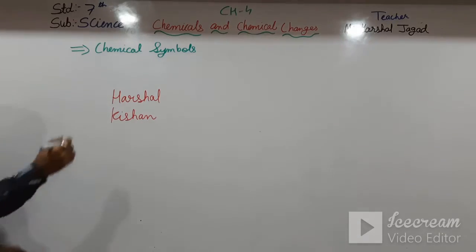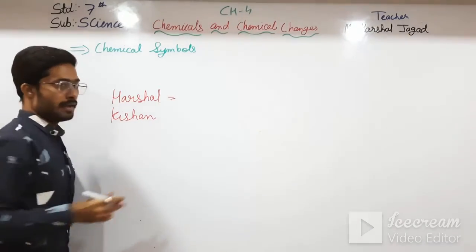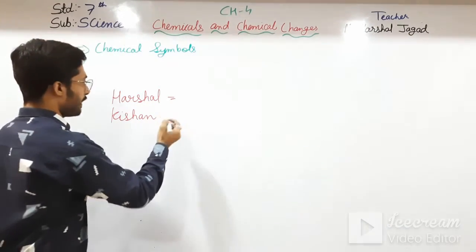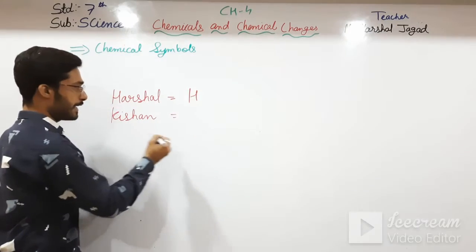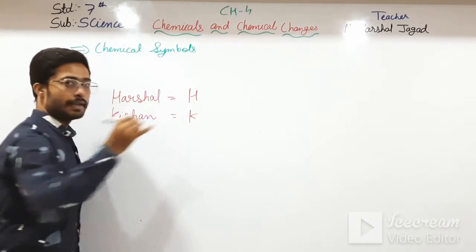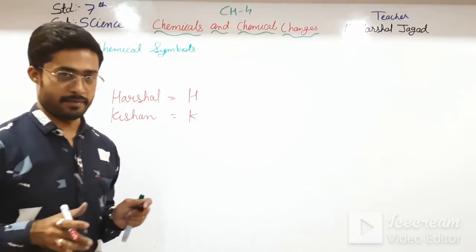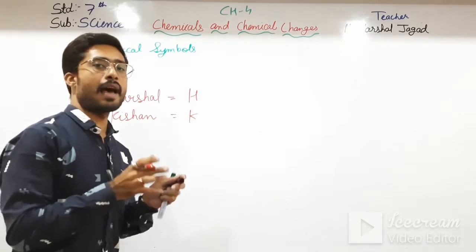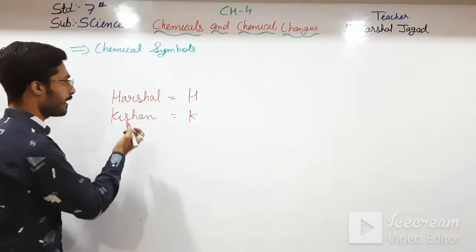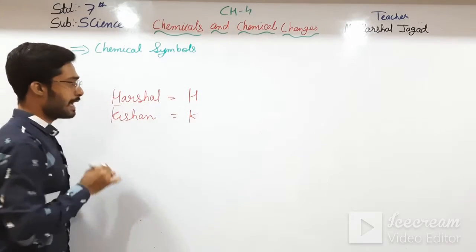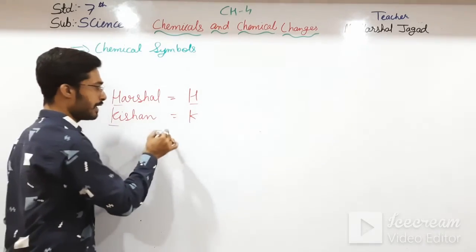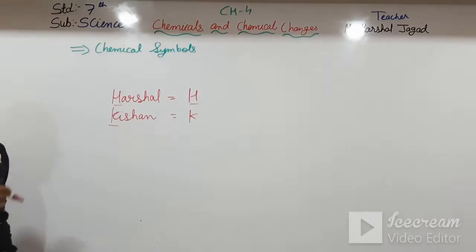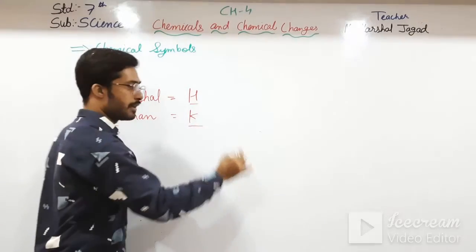In short, I can write H for Harshal, and K for Kishan. In that way, all the chemicals have their symbols. Here our first letter is H, so we have written H. Kishan sir's first letter is K, so I have written K.